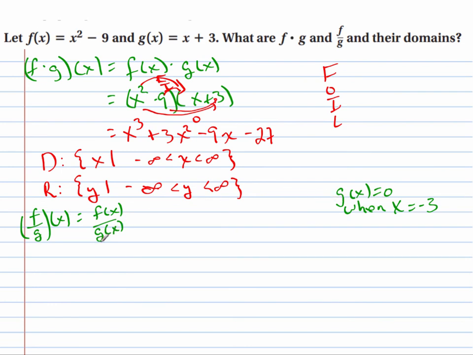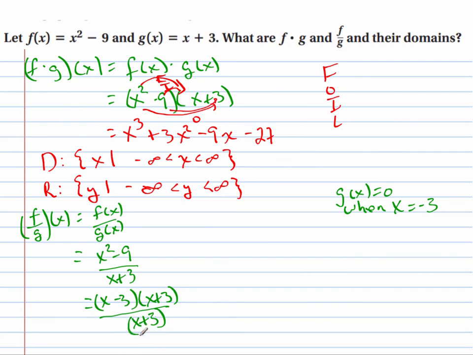Let me go ahead and substitute these in. x squared minus 9 divided by x plus 3. Now I can simplify this. This is x minus 3 times x plus 3 divided by x plus 3.